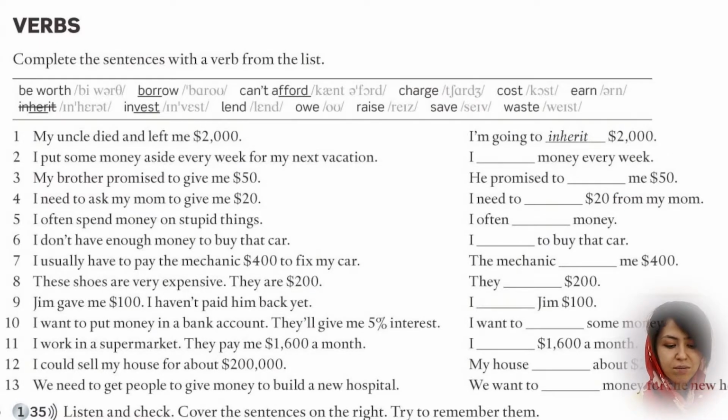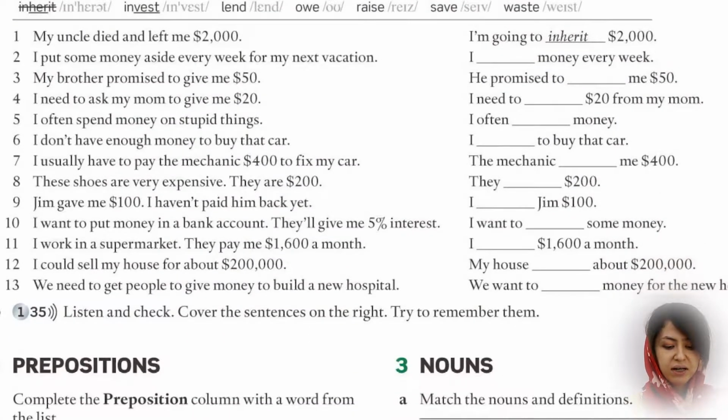Number 9, Jim gave me $100. I haven't paid him back yet. So, you borrowed money and you still haven't paid it back. We call that I owe Jim $100. Number 10, I want to put money in a bank account.